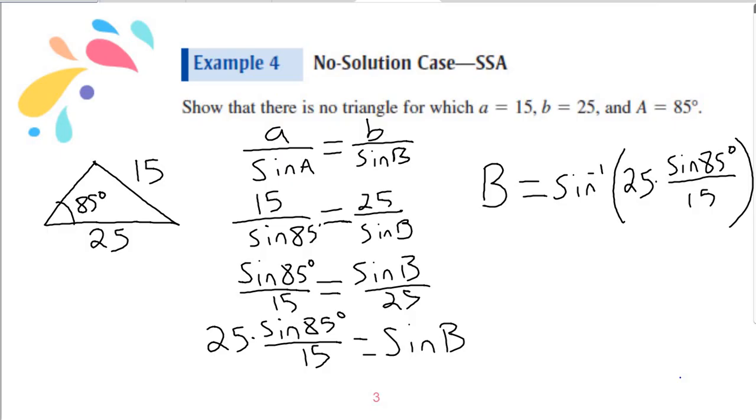What do we get? What does our calculator say?